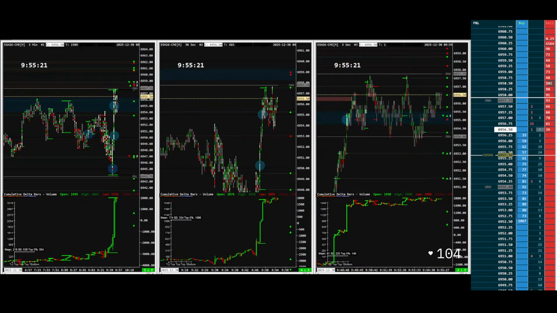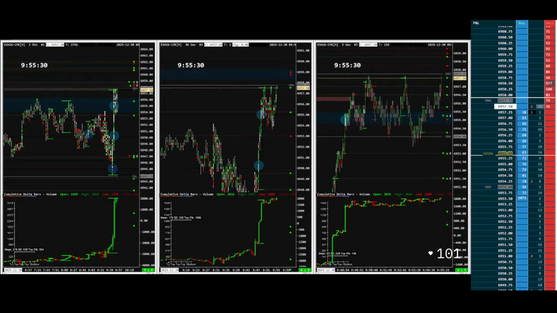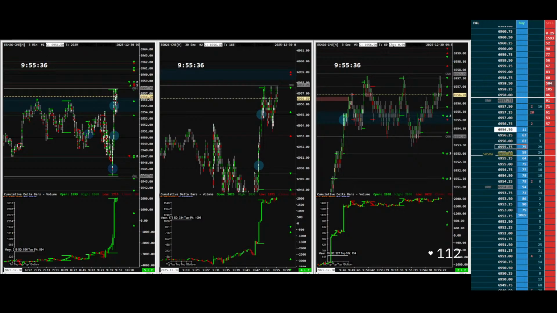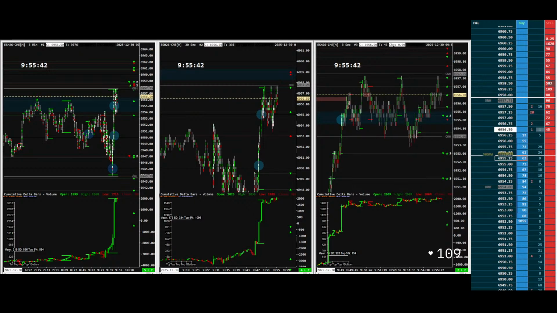I agree, because it looks like they just supported this reclaim. They put in a support on it, and now they could be stair-stepping higher. There's liquidity up there, arresting liquidity at 58.50, 500, 600 contracts almost. If it gives me a bit more shimmy back here, I might be interested in a long.